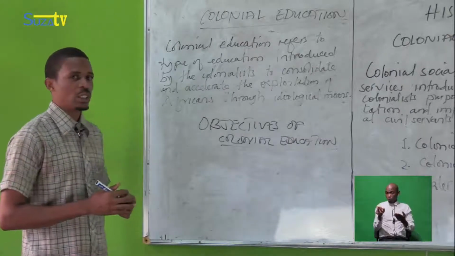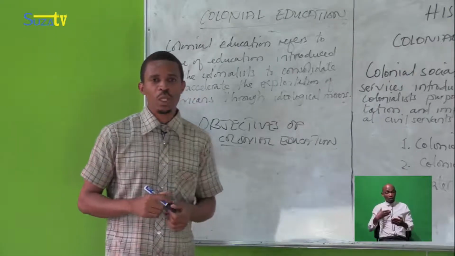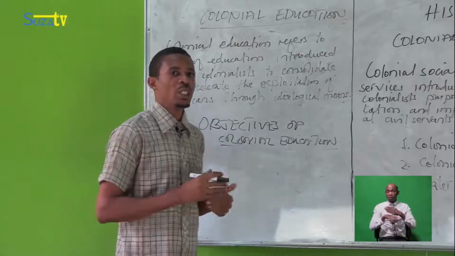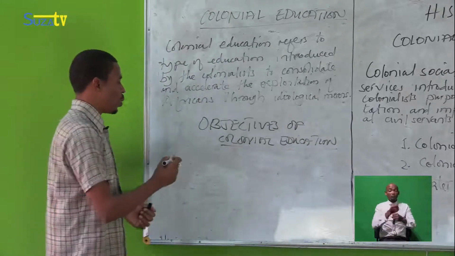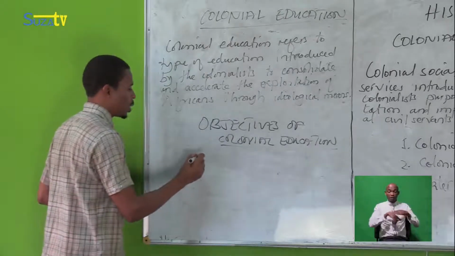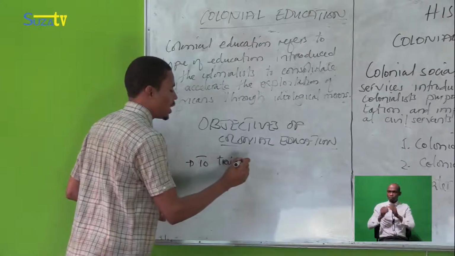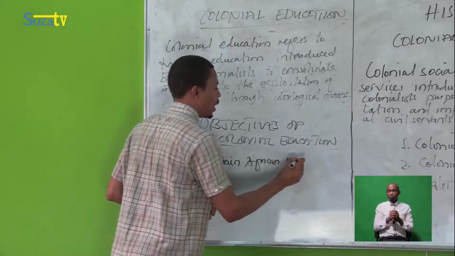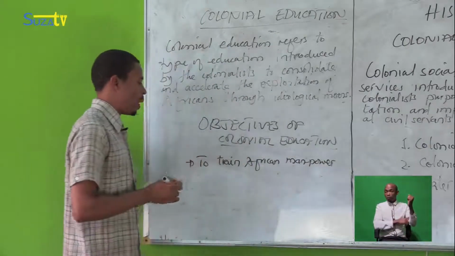These assistants were Africans who acquired colonial education and worked alongside colonial masters in performing some activities in Africa. So one of the objectives of colonial education was to train African manpower.